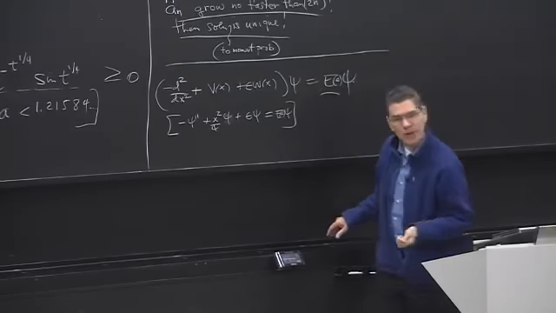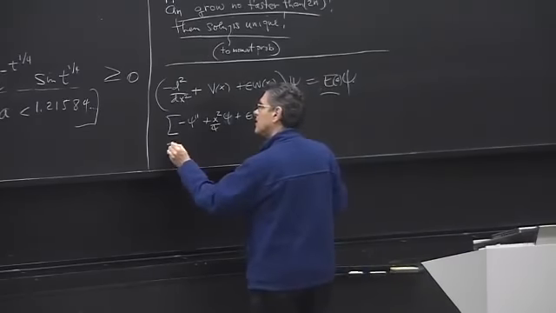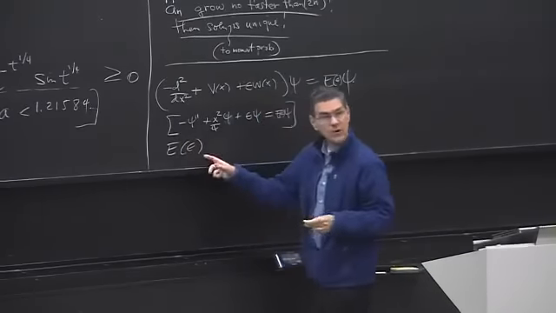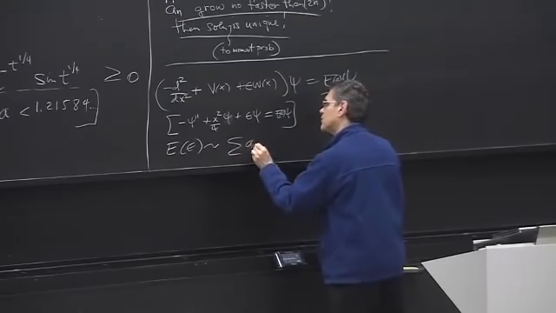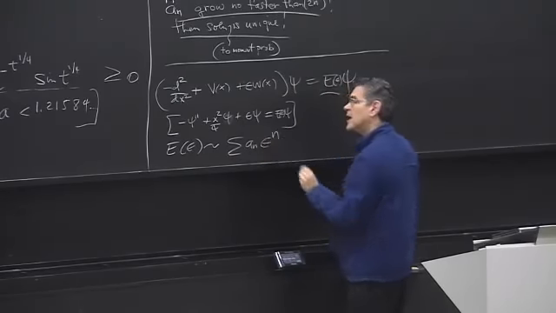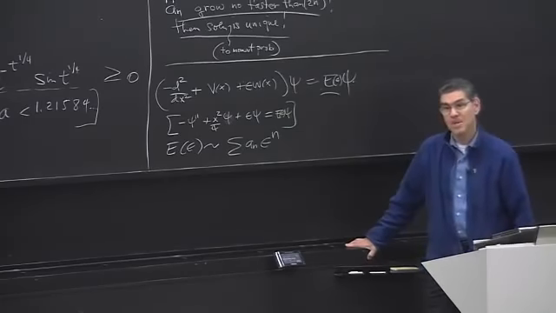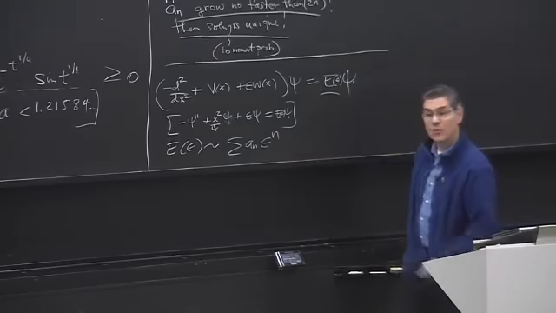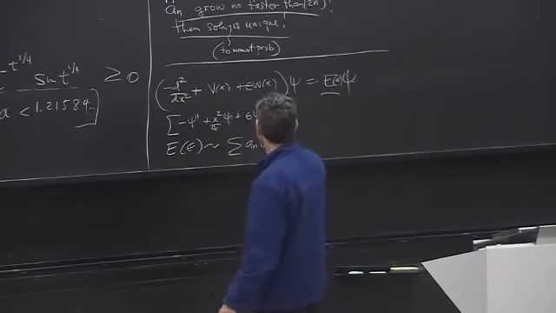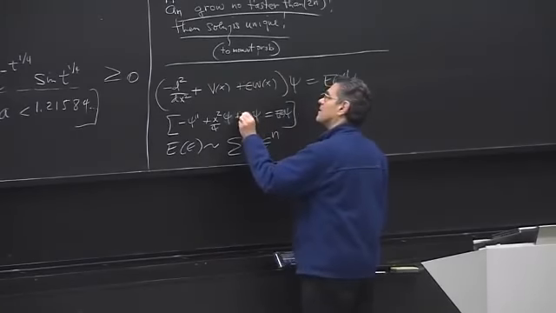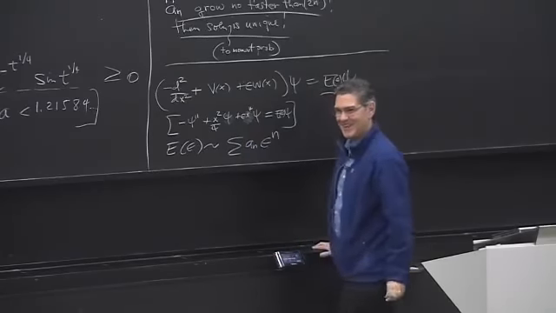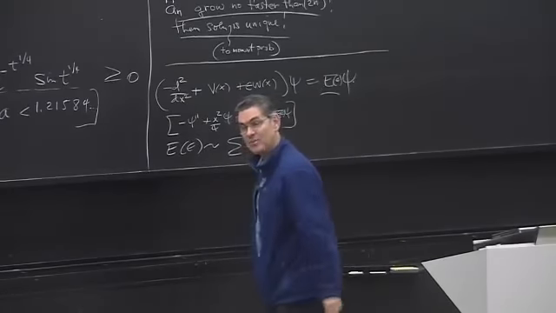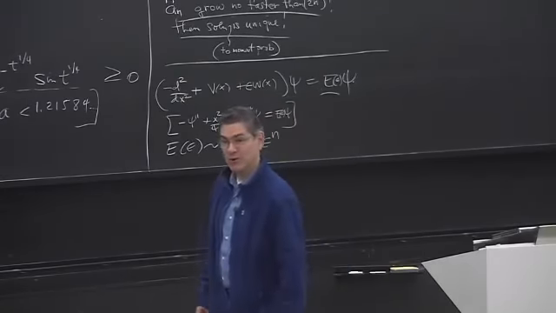Okay, and you are doing perturbation theory, and you are calculating, you work very hard, and you find that E of epsilon is given by the asymptotic series A sub n epsilon to the n. Sorry, I forgot to put in the hard part. It was there, actually, but I had written it in invisible chalk.